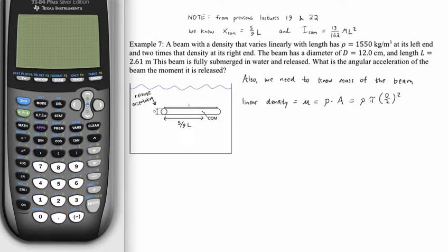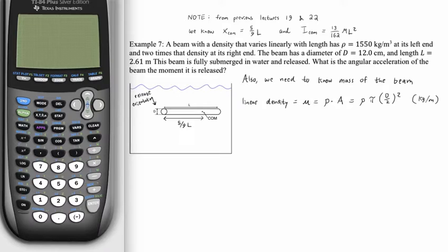That gives us the units that we need, kilograms per meter, because by including the cross-sectional area in meters squared, we're canceling out some of the meters.